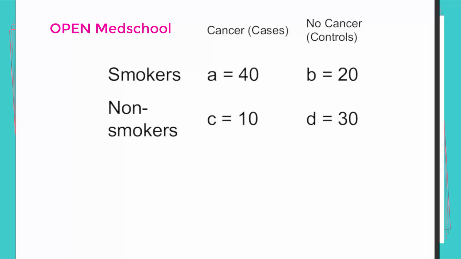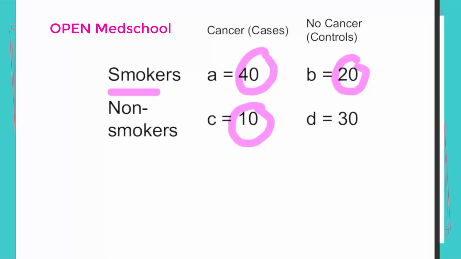This is the data we have obtained. 40 patients with the cancer were smokers. Among the smokers, 20 had no cancer. Among the non-smokers, 10 developed cancer, and in the controls, 30 had no cancer. So total number of cancer cases is 50, and total controls were 50.